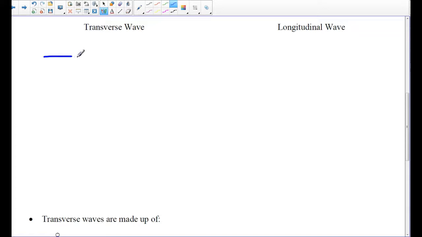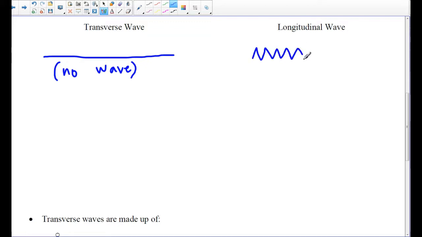First, transverse waves are the kinds that we make on strings. So first, let's draw a string with no wave. By contrast, longitudinal waves are the kind that we make on a slinky or a spring. So here is a slinky or a spring with no wave.